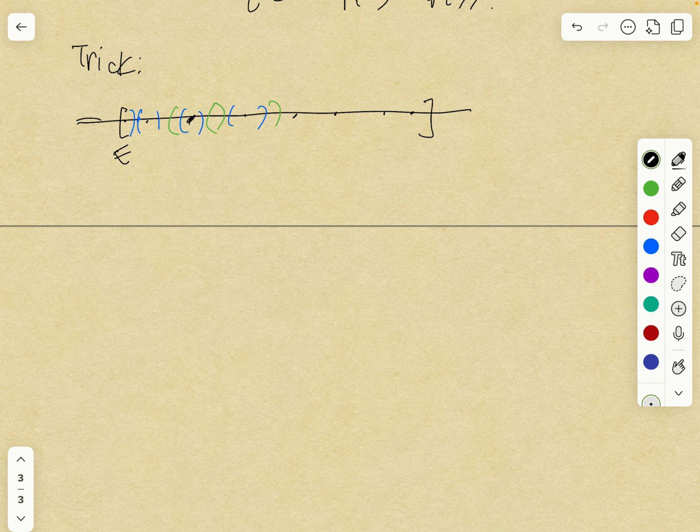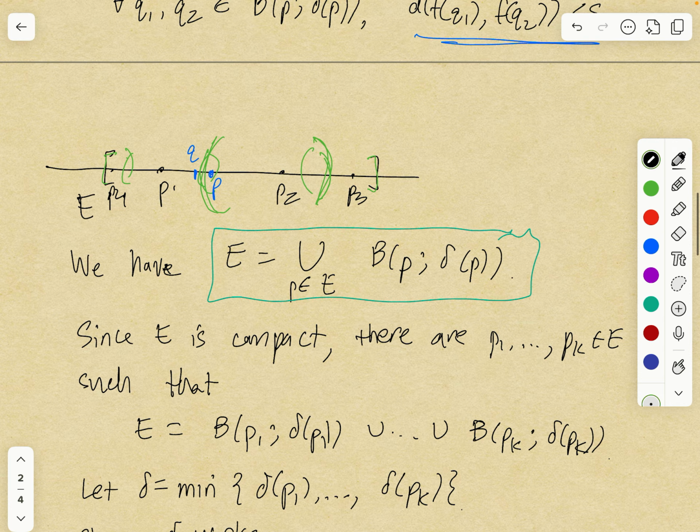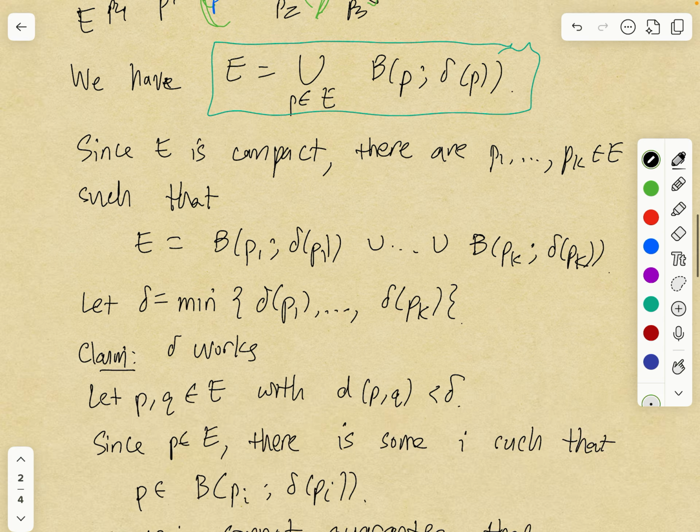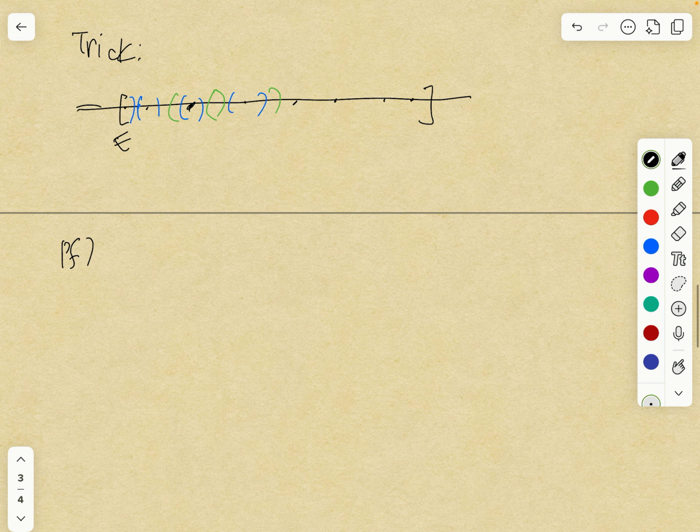So here's the proof that actually works. So you use the same sentences as before at the beginning. The trick is we take a ball, but of radius delta of P over 2 for each P.